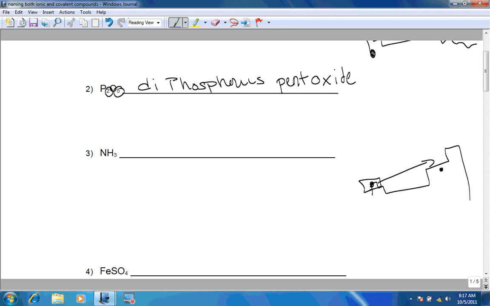So we're going to be using the rules for the molecular compounds, for the covalently bonded. Notice that there's only one nitrogen. If the first element is 1, you don't have to write the mono. Mono is only for the second element. Hydrogen is 3, so it's tri, and hydrogen becomes hydride.